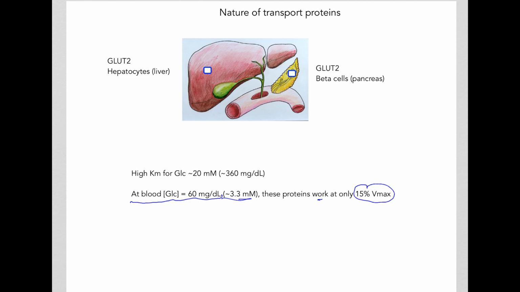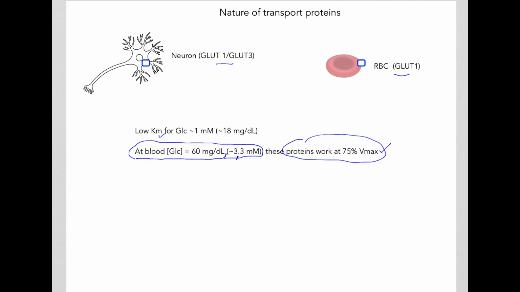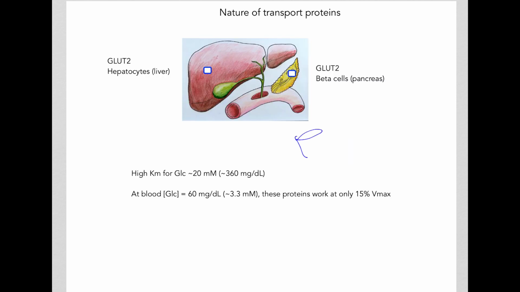Because they have a very high Km, they work at a very low rate. So this would mean that at 60 milligrams per deciliter, most of the glucose in your blood vessel will prefer to enter neurons and red blood cells, and will have a harder time entering hepatocytes or the beta cells in the pancreas.